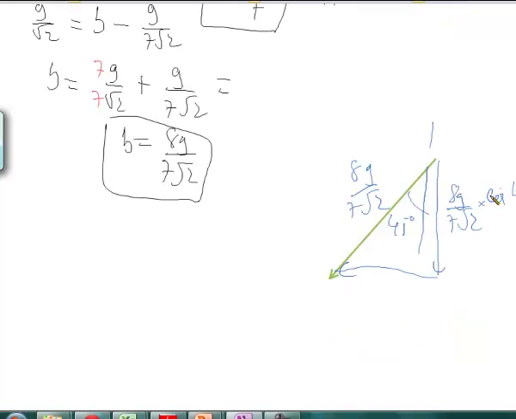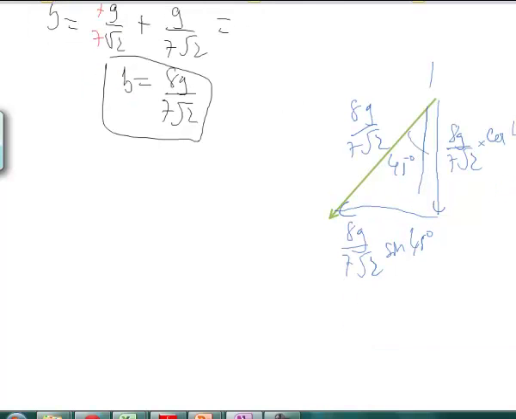It's always the adjacent: multiply the length by the cos of the angle. This is 8g over 7 root 2 times sine 45 degrees. They both work out to be 1 over root 2. If you put that into your calculators, you'll end up with 4g over 7. And this will also work out to be 4g over 7.